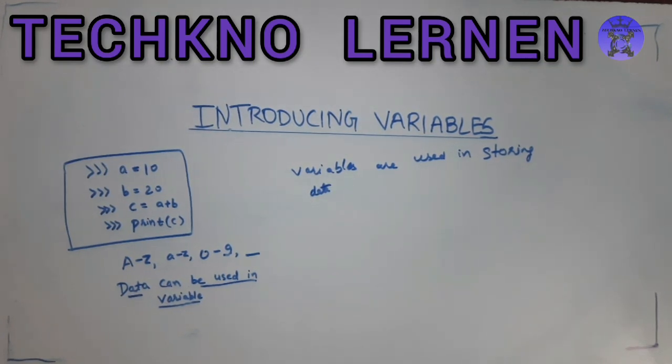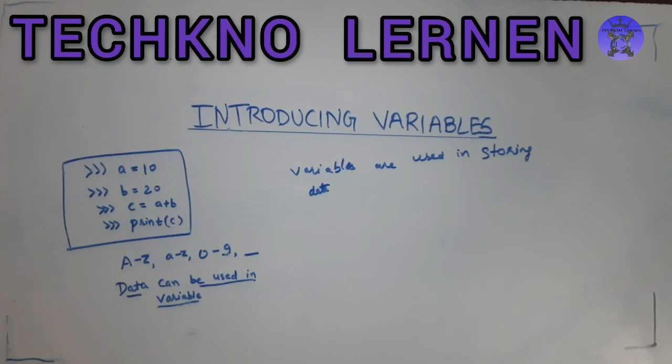Like in math, where you use variables to store only integers or whole numbers or real numbers, in Python you can use variables to store either numericals, that is integers or whole numbers, or the string data type.